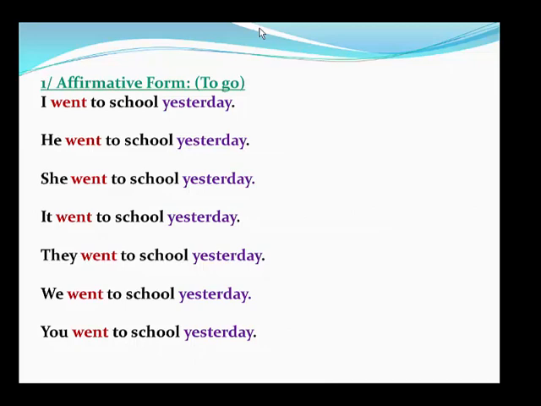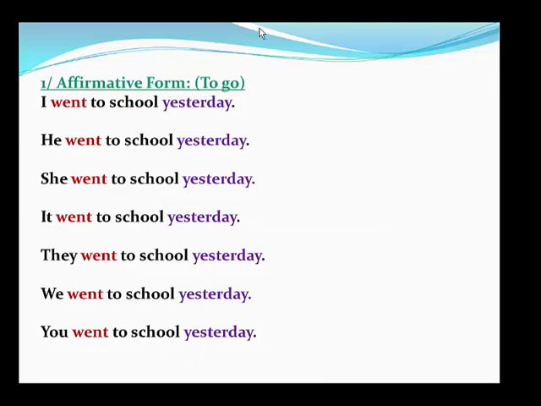He went to school yesterday. She went to school yesterday. It went to school yesterday. They went to school yesterday. We went to school yesterday. You went to school yesterday. So the verb to go in the simple past is went.